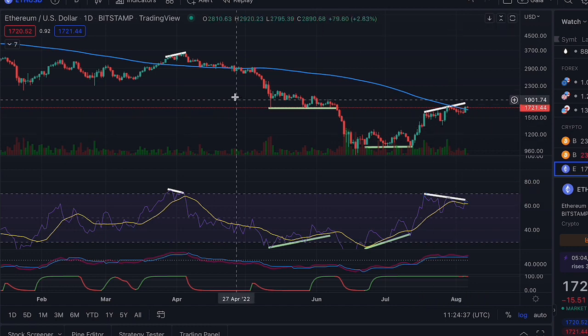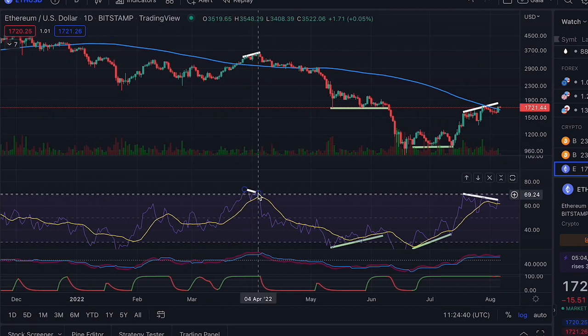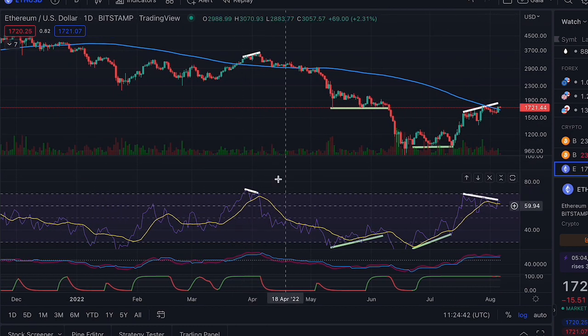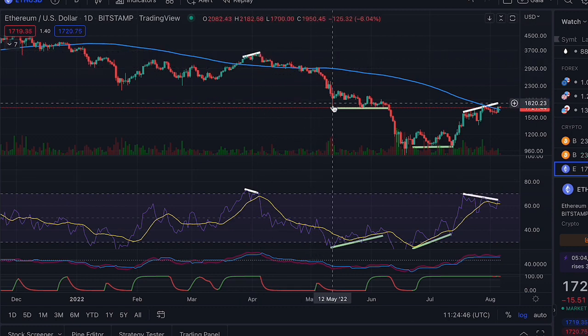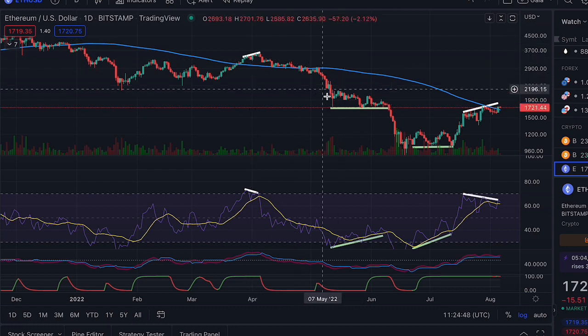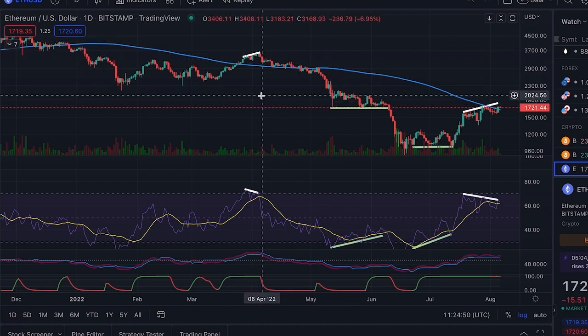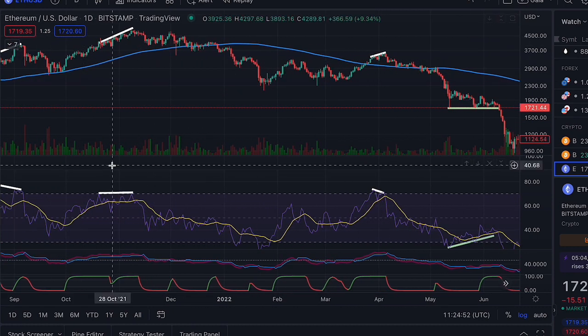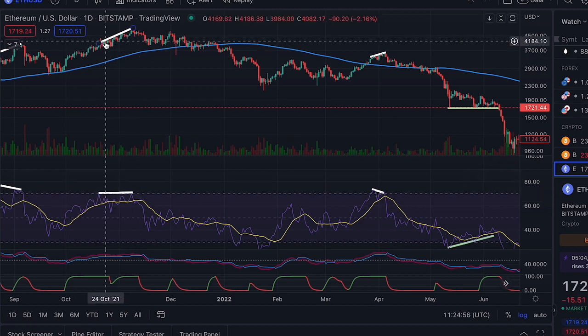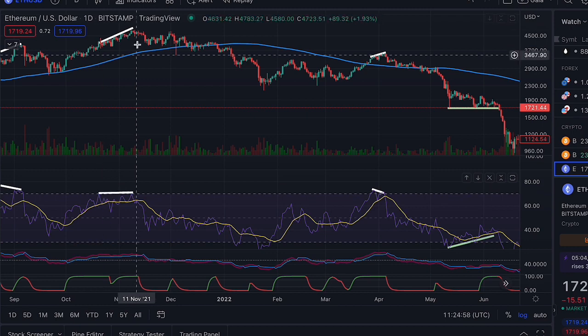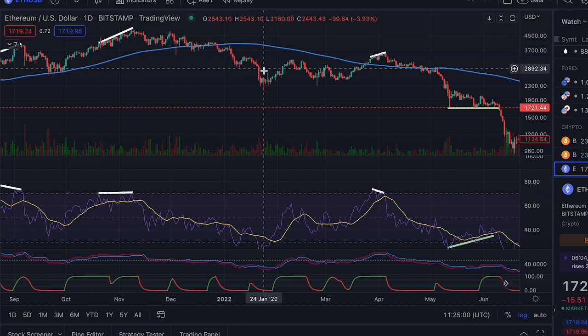Generally, what you see when this happens, when one goes up and the other goes down, is you end up with more downside action. And in this case, it went way down, right? So you went from here, boom, down there. What happened the other time? Well, this isn't quite divergence on a scale exactly the same. This is more of a flat across movement, but it still led to downside action.